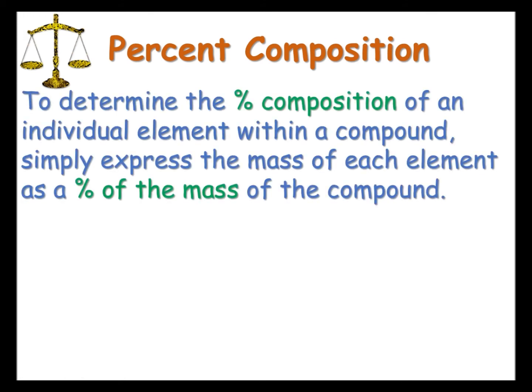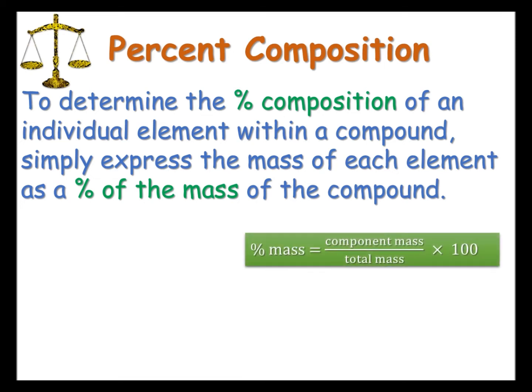Now, percent composition, it's a concept that we need to be familiar with. Another way of referring to this is percent by mass or percent mass. All we're going to do is take the two masses, the mass of a component and the total mass, then multiply by 100, and we are going to get a fraction from it. So, say you had a 15-gram sample, and in the 15-gram sample you had 5 grams of oxygen.